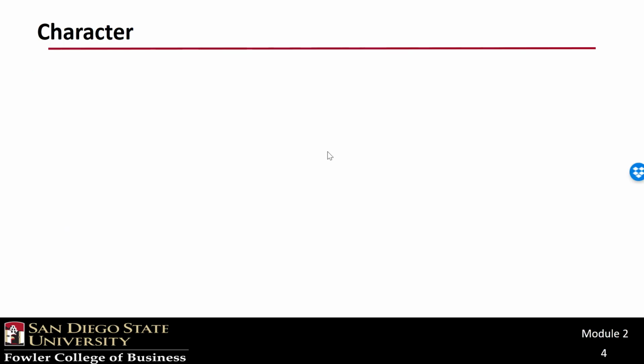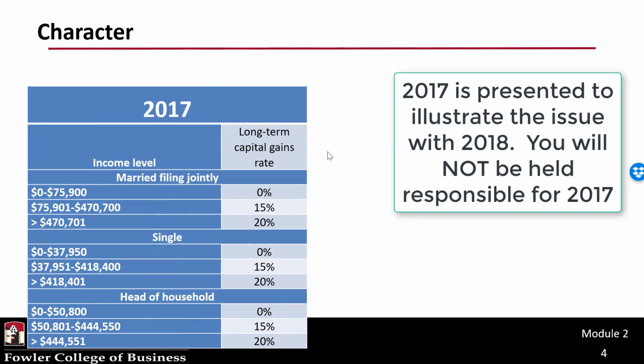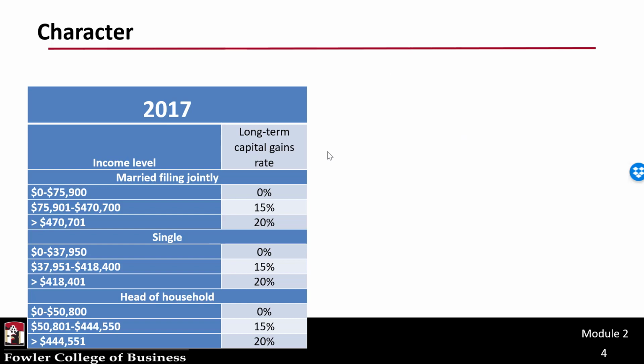Before we move away from the preferred tax rate that applies to dividends and long-term capital gains, I want to dig in a little deeper. So let's look at the 2017 rate table for when you pay 0, 15, or 20% on either qualified dividends or long-term capital gains.